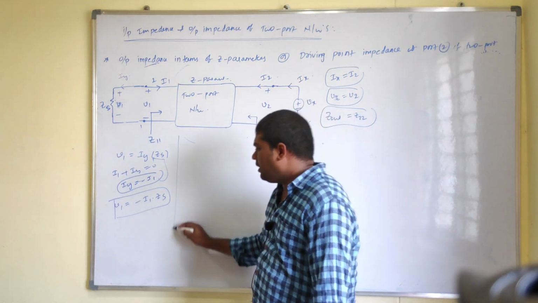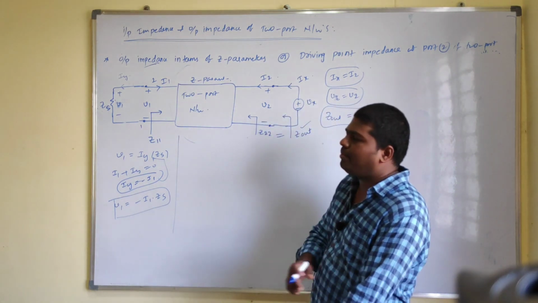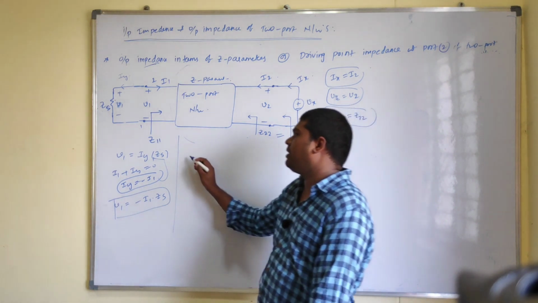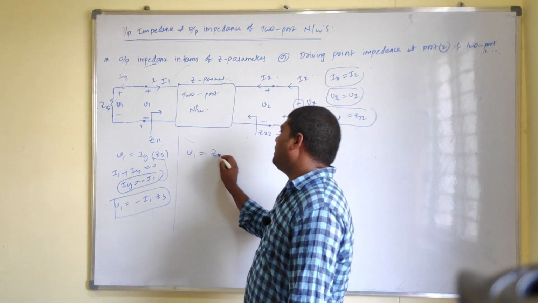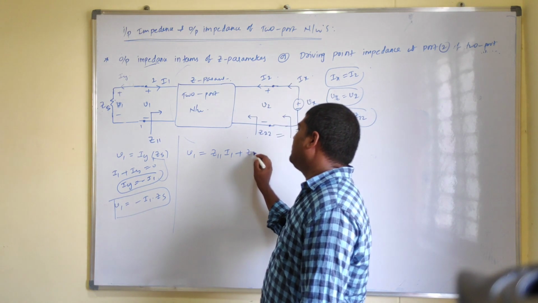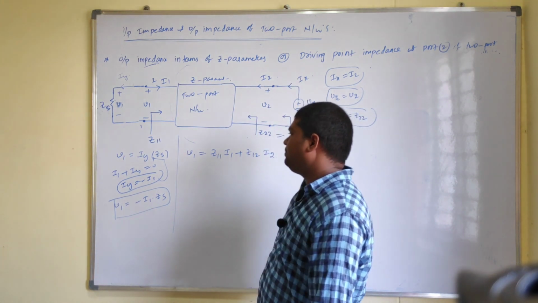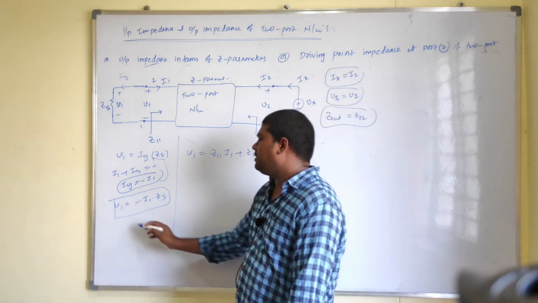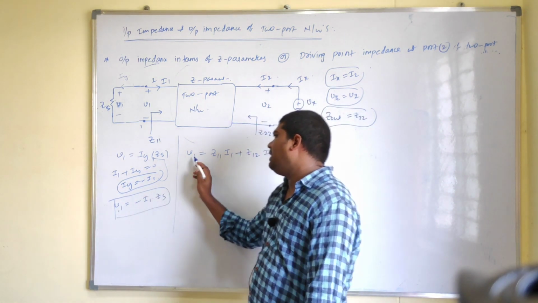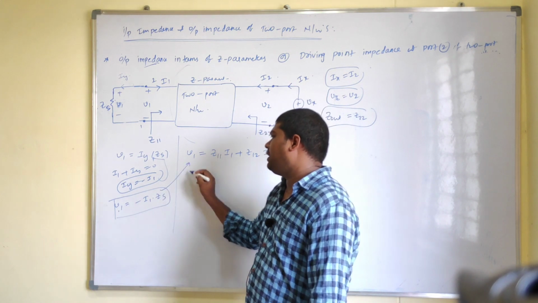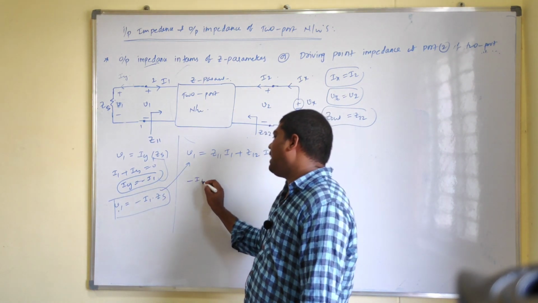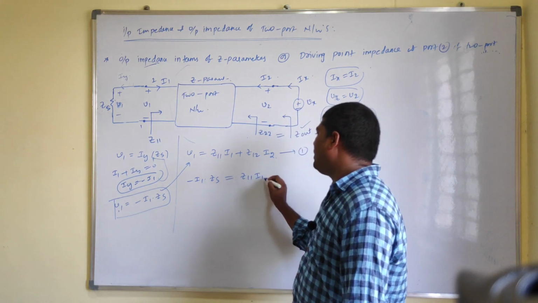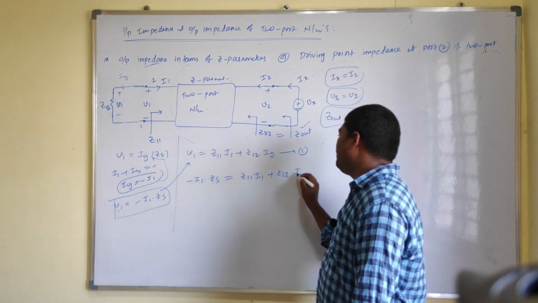Now this output impedance can be solved with the help of Z parameters. You can write the reference equations: V1 equals Z11 into I1 plus Z12 into I2. This is equation number 1, and you can substitute the value here. Now what you get: minus I1 into Zs equals Z11 into I1 plus Z12 into I2.